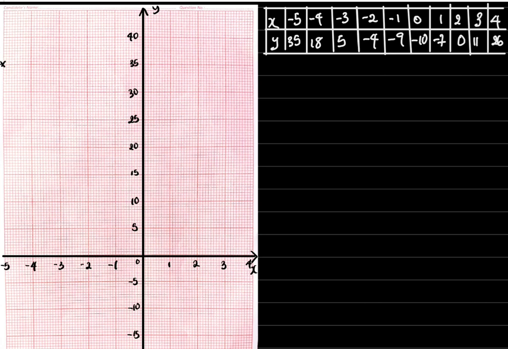Now you need to understand that we have 10 tiny lines, okay, and the unit is 5. So it means that the value of a tiny line is 5 over 10, which is 0.5. So two of it will give me 1. All right.